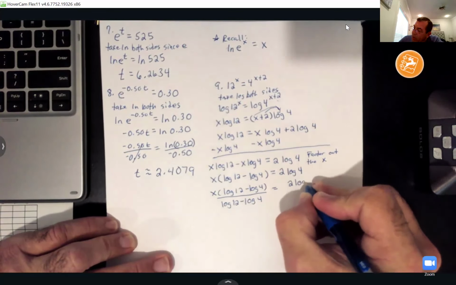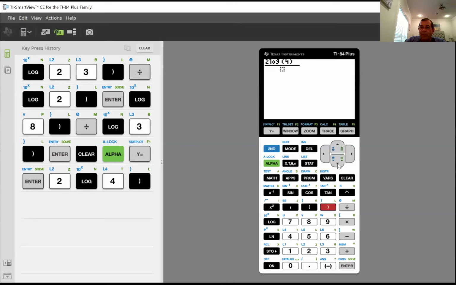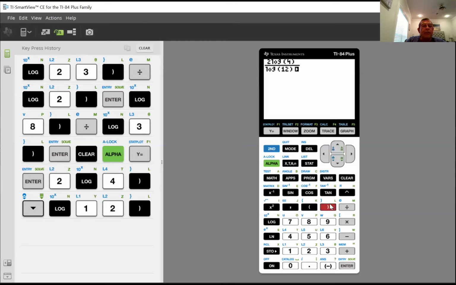On top, we had a 2 log 4. So that'll be 2 log 4, close parentheses. On bottom, I had a log 12 minus log 4. So I got a log 12, close parentheses, minus a log 4.